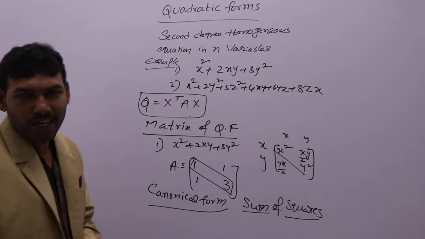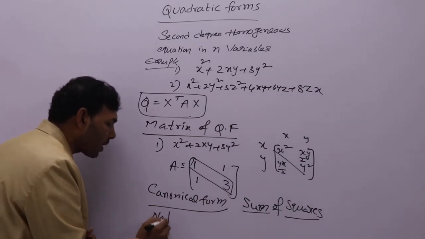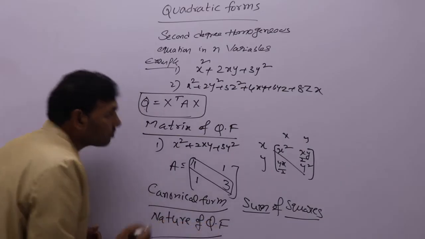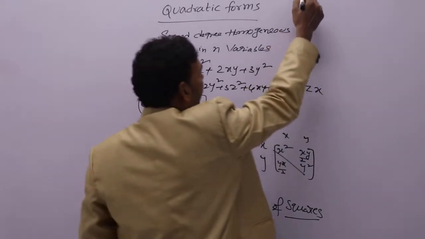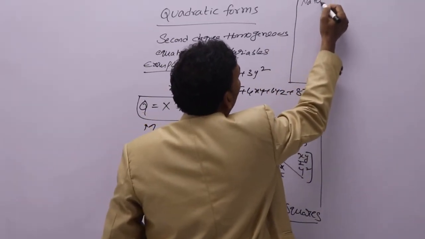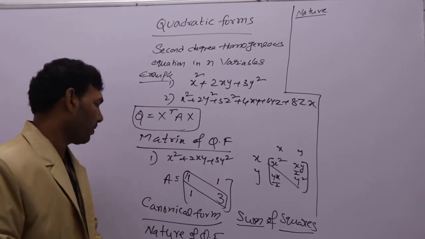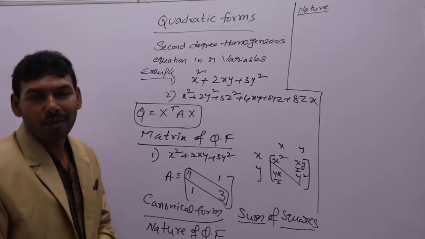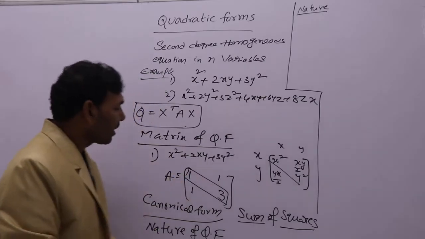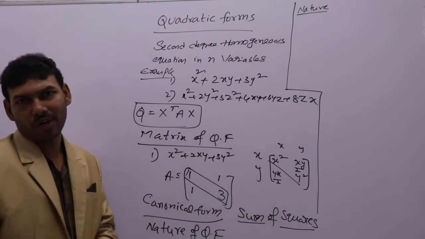Next, the most important thing for quadratic form is how to find the nature of quadratic form. There are different natures for a given quadratic form that can be decided by evaluating eigenvalues. To find eigenvalues, what you need to do? First, you have to write the matrix of quadratic form.